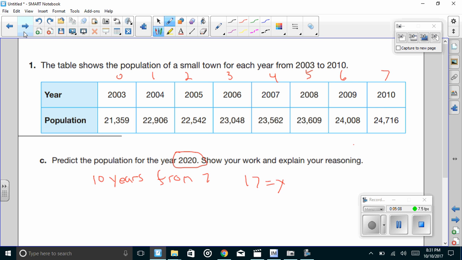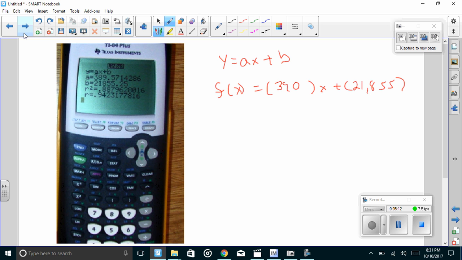So then we go back to our equation, and we got the f of x is equal to 390x plus 21,855. So we're just going to go ahead and plug in that x value in, which is 17, and just do the regular arithmetic. 390 times 17, 6,630.